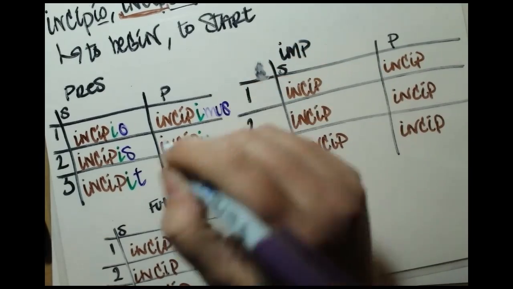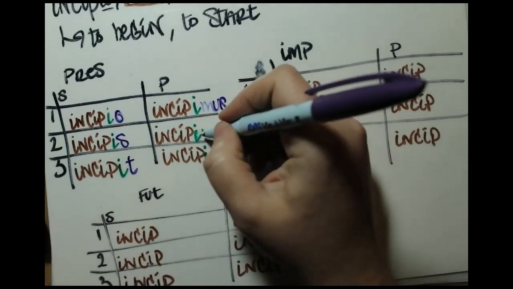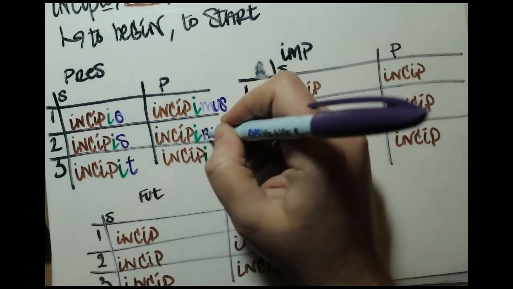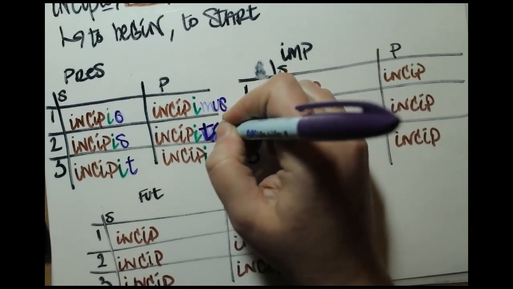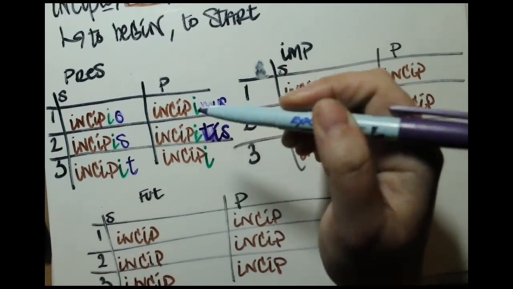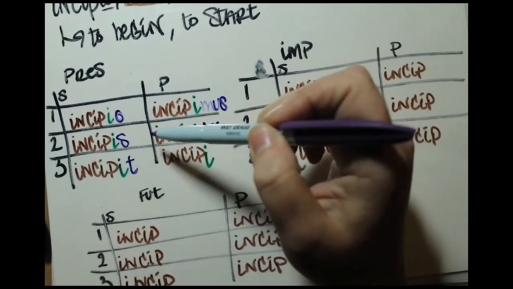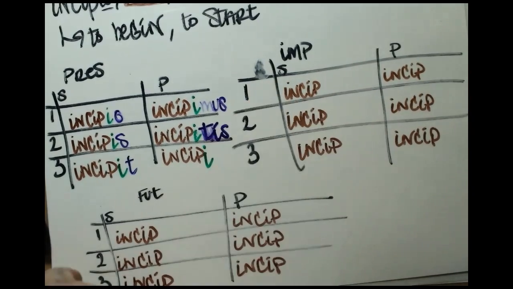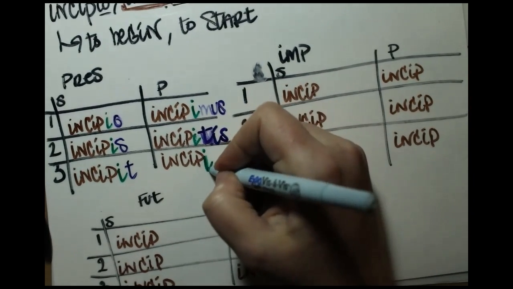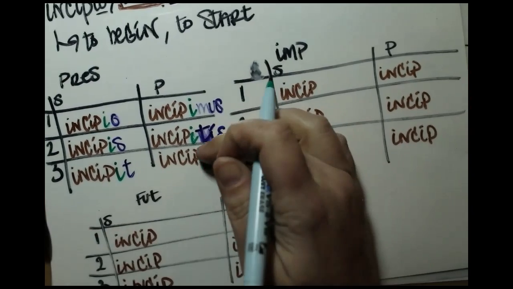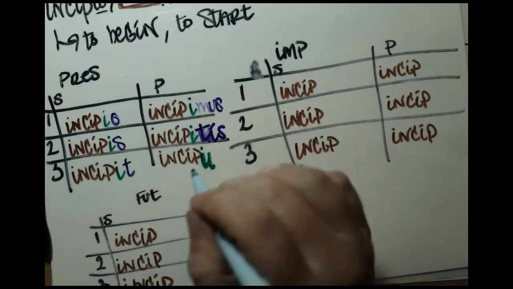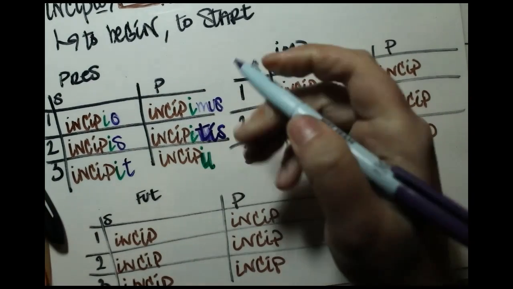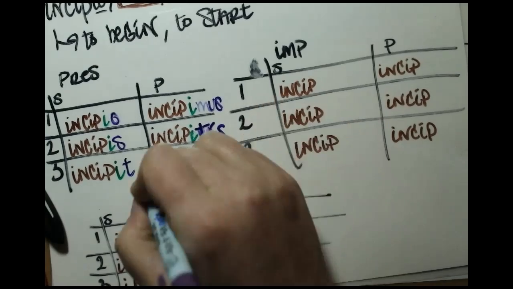We start. Second person plural, incipitis, y'all start. Everything gets an I except for third person plural, which is a U: incipiunt, they start.